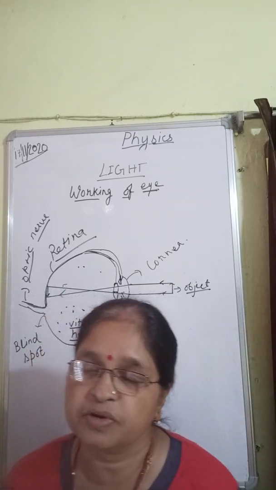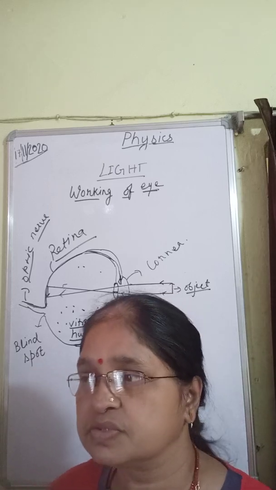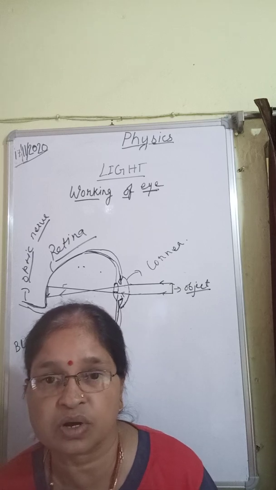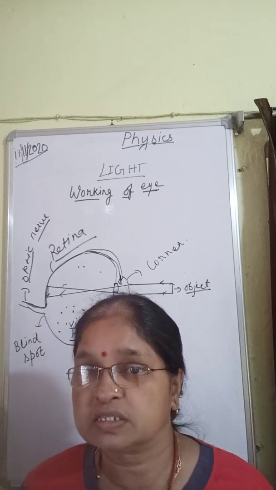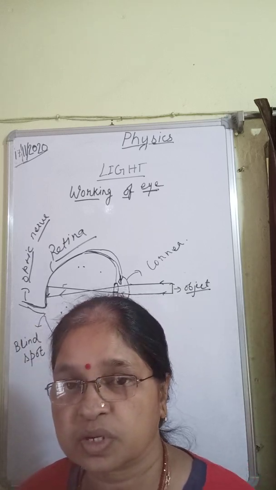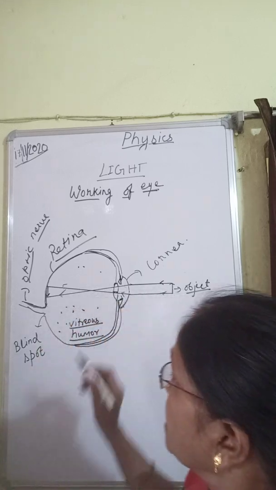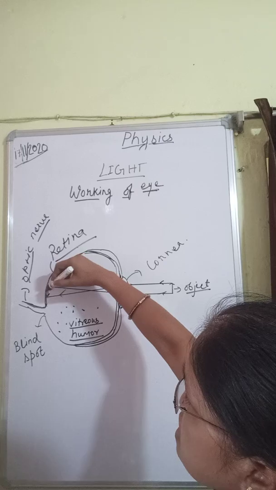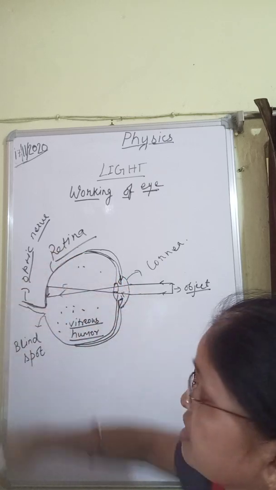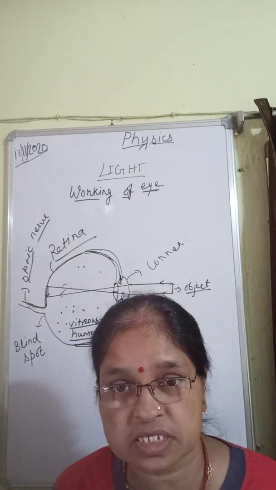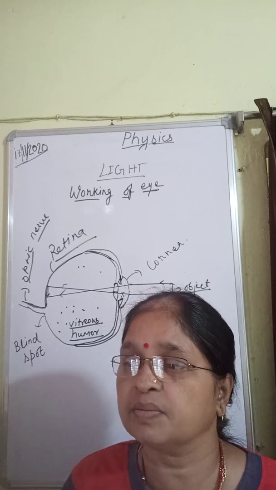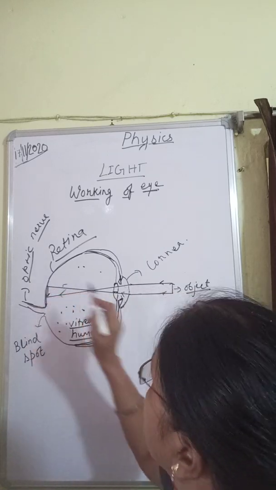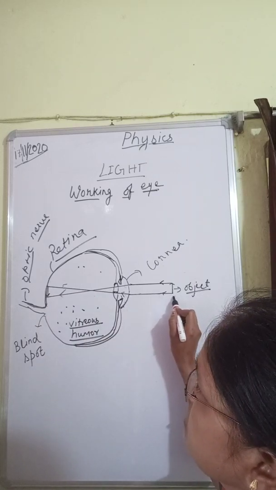The retina is made up of millions of cells in the shape of rods and cones, and we have studied that rods show us brightness and cones show us colors. As light falls on the photoreceptor cells of the retina, those cells become active and take the image of this object.